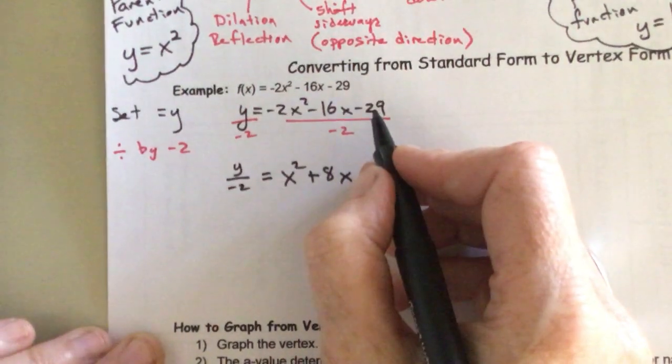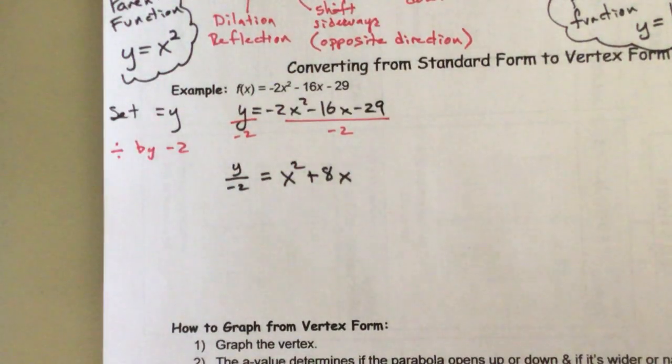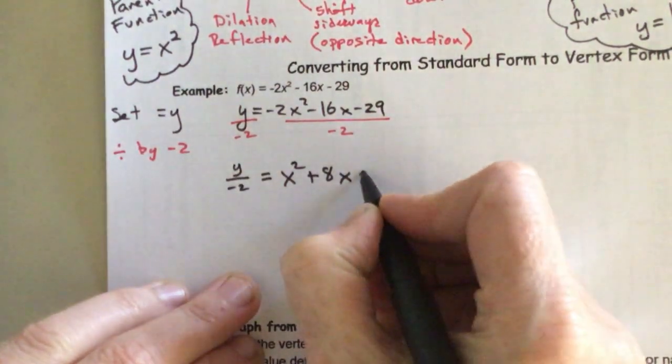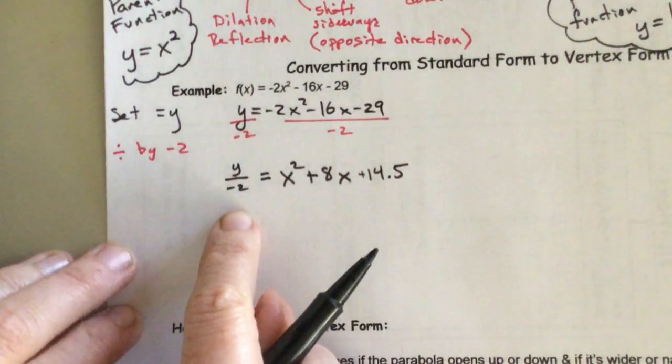And then over here I have a really yucky decimal. I'm just going to get that decimal right now so we don't have to worry about it. It's going to be plus 14.5. So on this side we have a fraction.